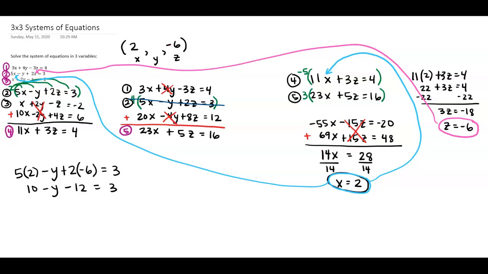So 10 minus 12, if I get my like terms together, it's going to give me a -2 minus y equals 3. Let's add the 2 over. So I get -y equals 5. And if I divide both sides by -1, I get y equals -5. And so there is my last solution there, my last part of my solution, y coordinate.